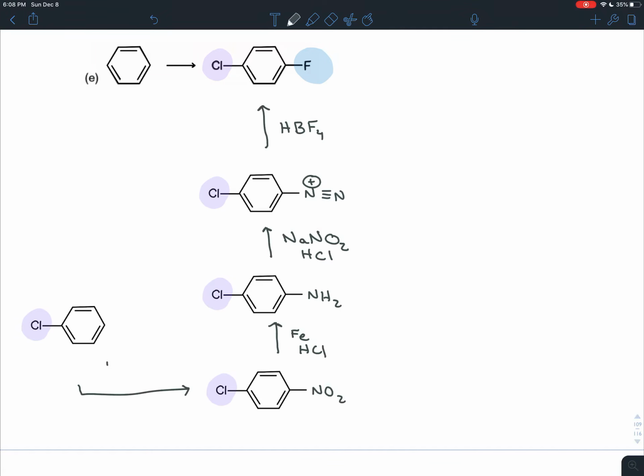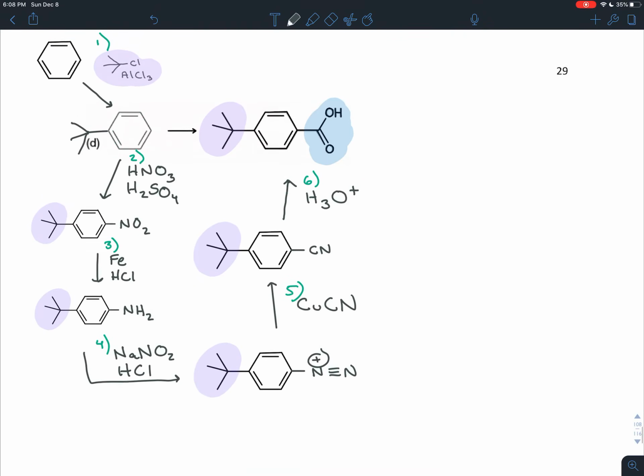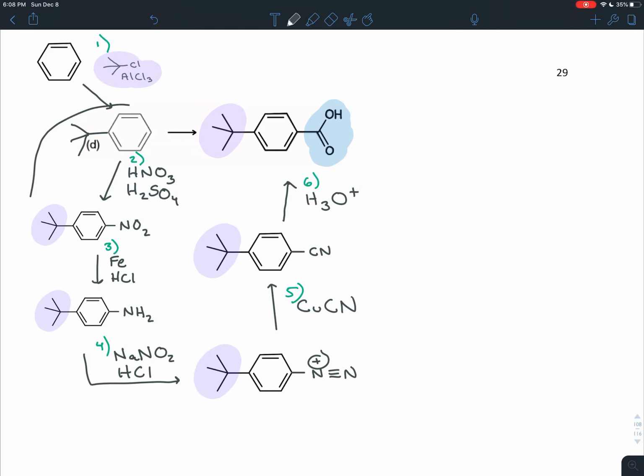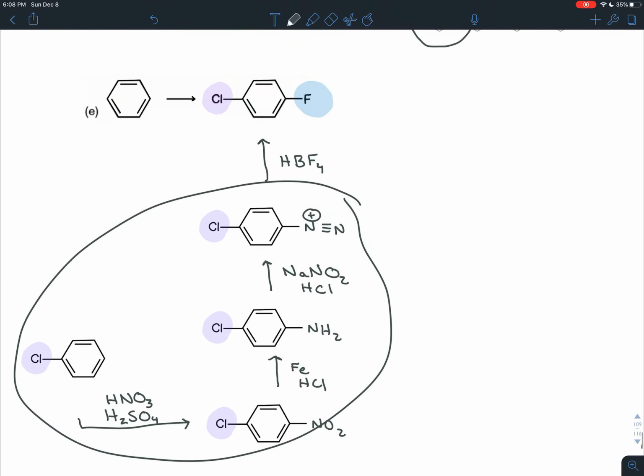Adding nitric acid and sulfuric acid. So this process here is one that we saw in the previous example. We had that same series of reactions to put a diazonium ion onto a benzene ring.